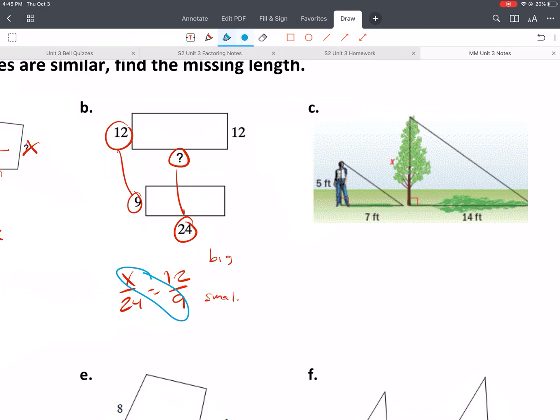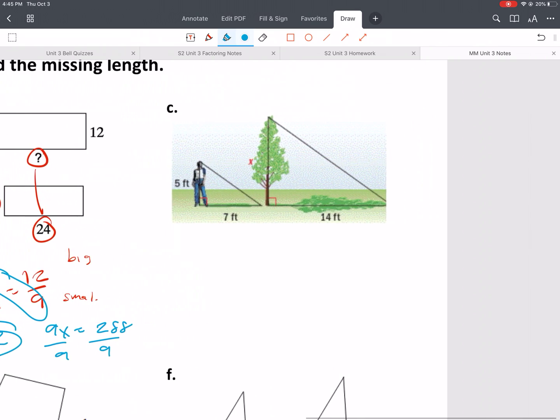So 9x equals 12 times 24, which is 288. Divide both sides by 9, and you get x equals 32. All right. Hopefully you're pausing and trying to do this if you watch this video, okay?